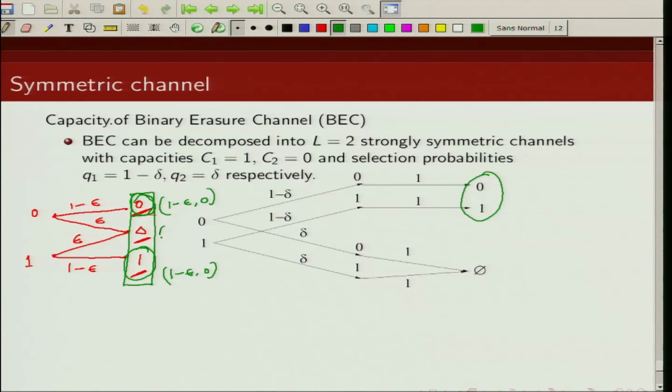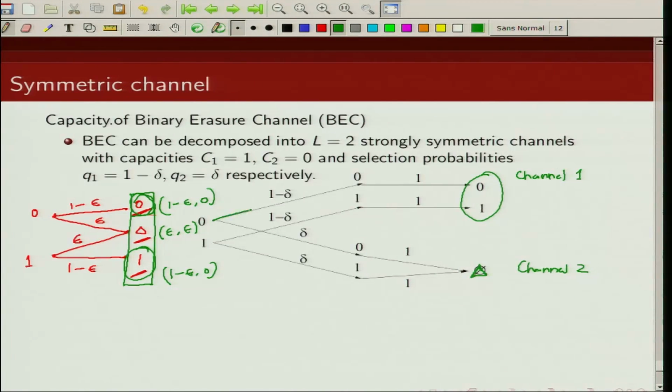And this has a different focusing, which is epsilon, epsilon. So this will be a different channel. Okay, so this is my one strongly symmetric channel, channel 1, and this is my channel 2.